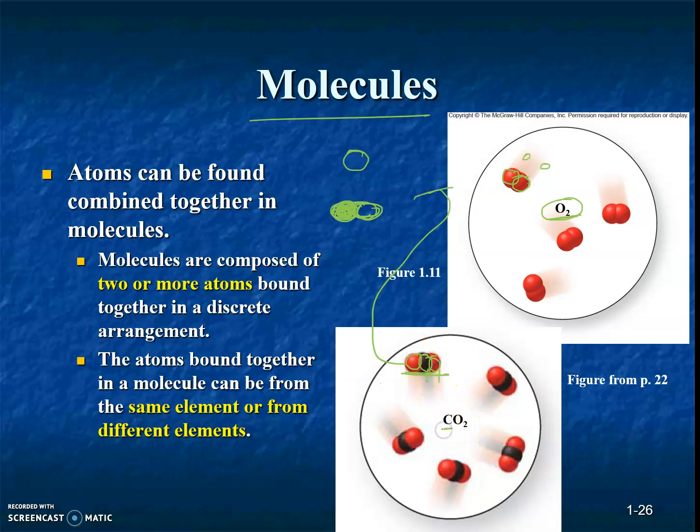Like I have carbon and I have oxygen, two types of elements. So a molecule comes from the same element or different elements, but at least you have to have two spheres.